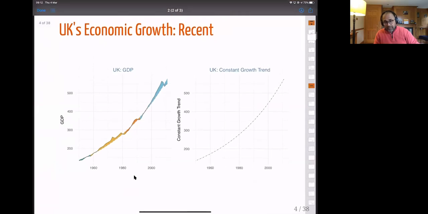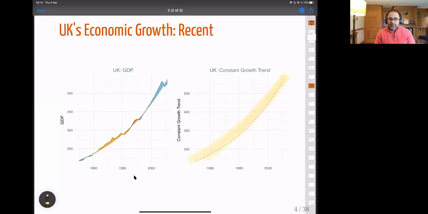If we take the UK's GDP for a shorter period, from 1950 till today, this is what it looks like. On the right-hand side of the panel, this line here is the constant growth rate, or the constant trend.